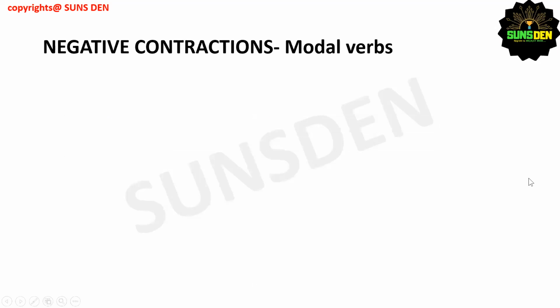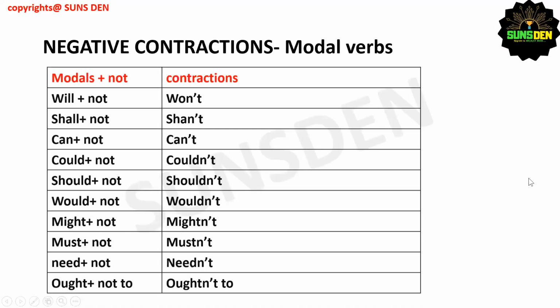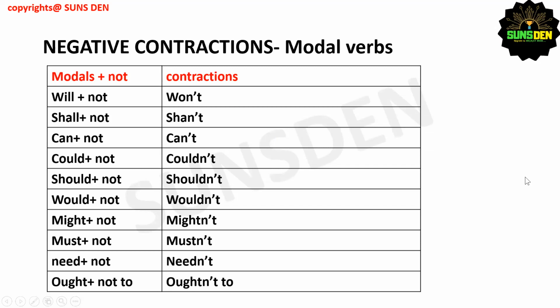Now moving on, we have negative contractions of modal verbs. Will plus not, will not gets contracted to won't. Shall plus not, shan't. Can plus not, can't. Could plus not, couldn't.